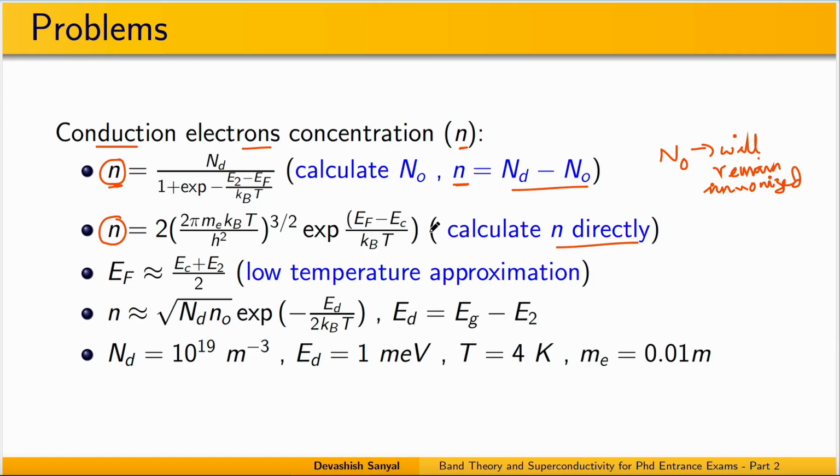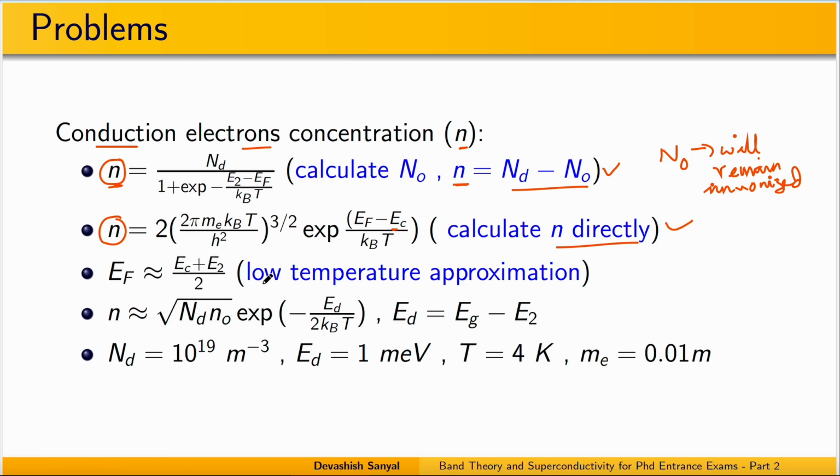Here you can see the expression for the lower edge of the conduction band; the energy for the lower edge of the conduction band is given. So there are two ways of finding it, one indirectly and one directly. Both should give the same answer.